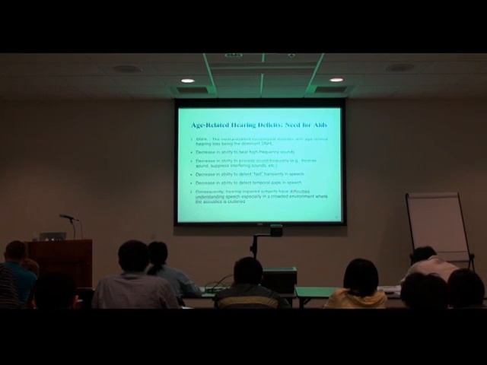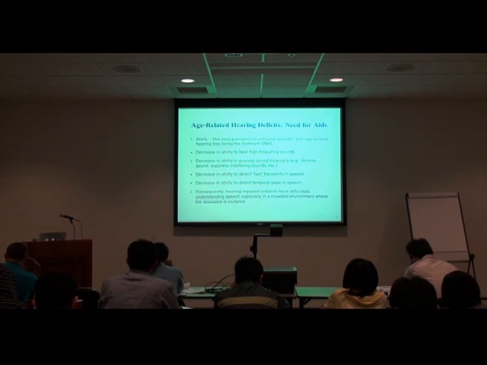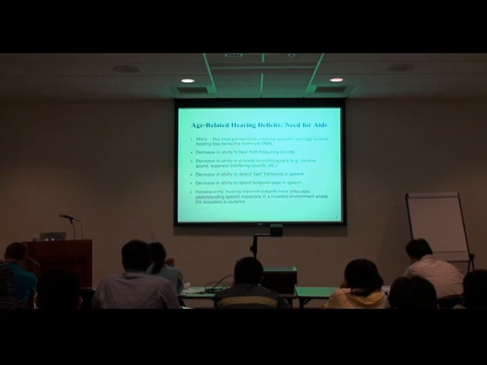In terms of prevalence of diseases, this is second only to arthritis. It's just so prevalent. Currently in the US, there are about 35 to 40 million people that have hearing deficits. And of this, only about 10% to 12% of people actually have hearing aids.